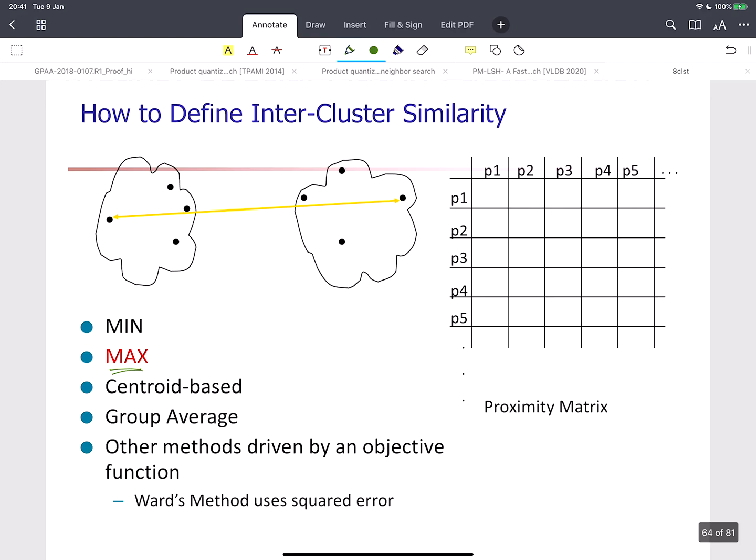then the other one we use is the group average. The min and the max suffer from the fact that only one pair of points from the two clusters determines the similarity or distance between the two clusters. So it's not reflecting everybody's opinion, if you like.